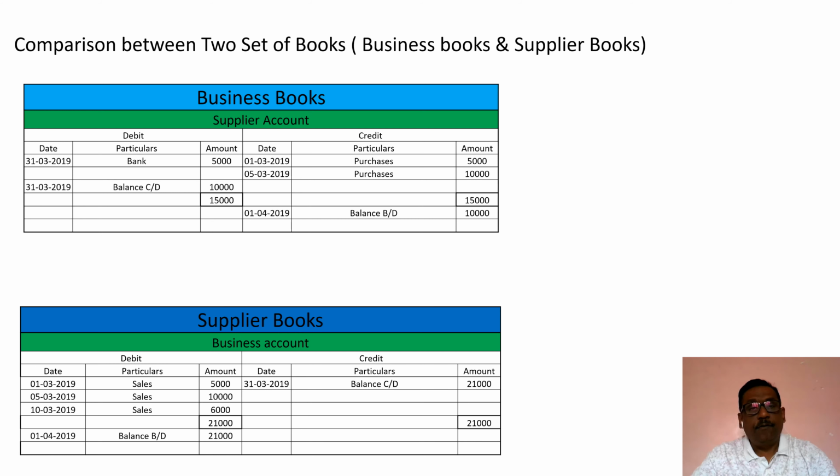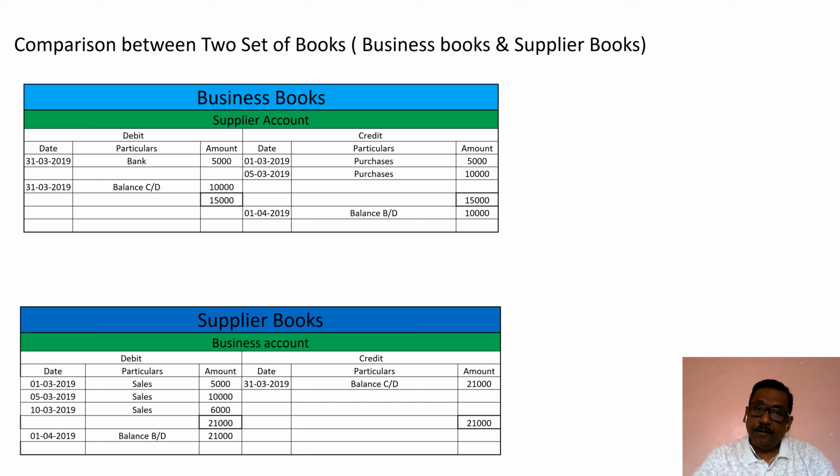So when I am doing reconciliation of the supplier, I need to request the supplier to provide my statement of account in his books, and I compare that statement with the supplier account maintained in my books of accounts.